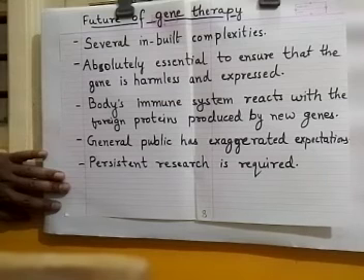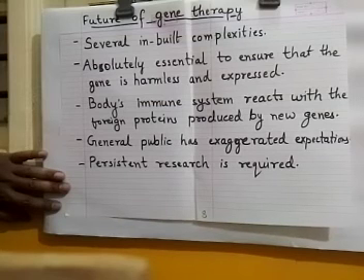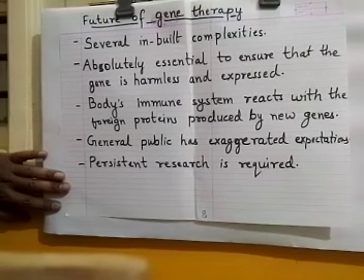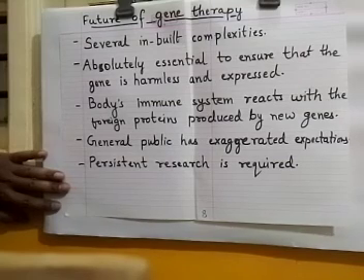Then, general public has exaggerated expectations due to a lot of popularity and advertisement in media. The general public has a lot of expectations from gene therapy in the way that it is the ultimate form of therapy. But the reality is very different.